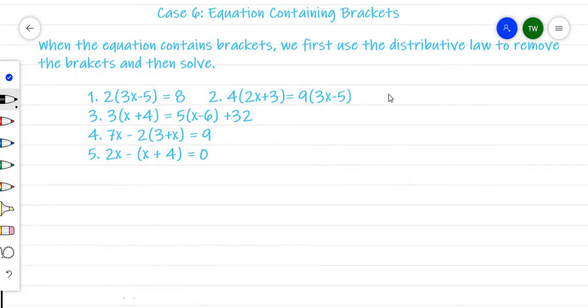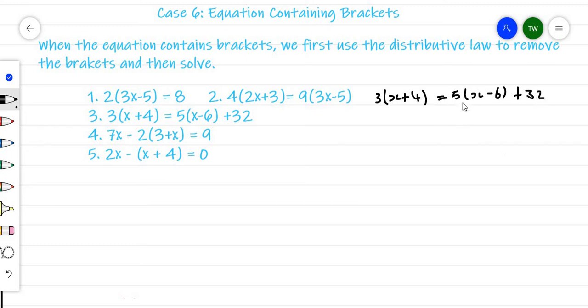Now to example 3, we have 3 open bracket x plus 4 close bracket is equal to 5 open bracket x minus 6 close bracket plus 32.